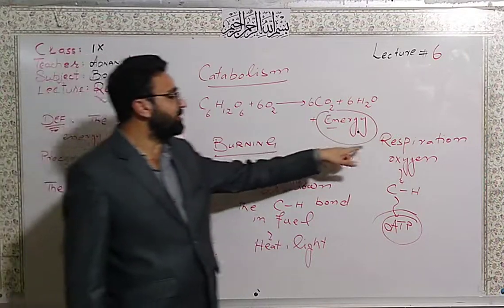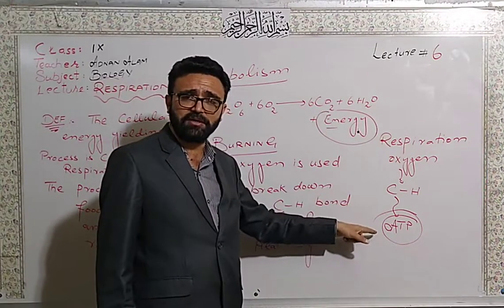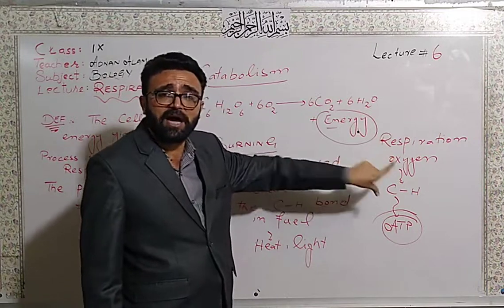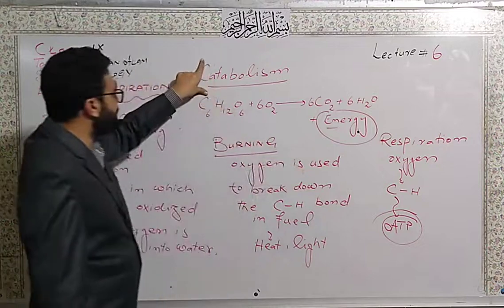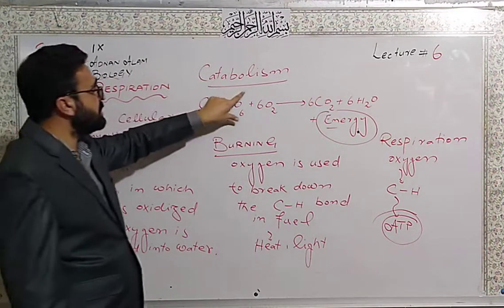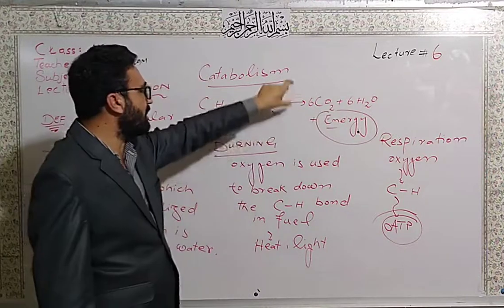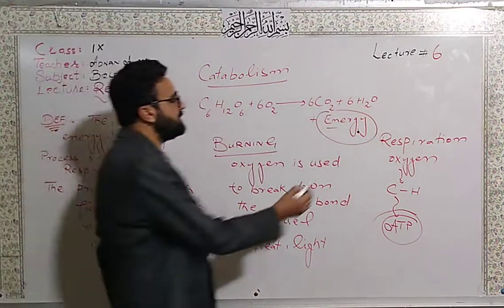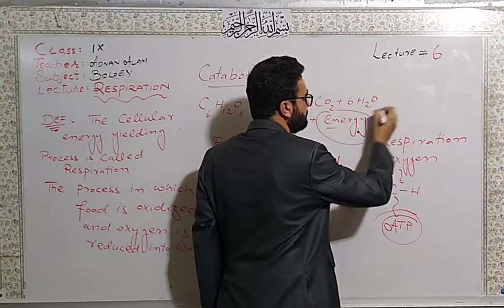But in respiration, we get controlled energy, and this is an enzyme facilitated chemical process. This is the catabolic metabolism in which the glucose molecule is broken down into carbon dioxide, water, and energy, which we get in the form of ATP.